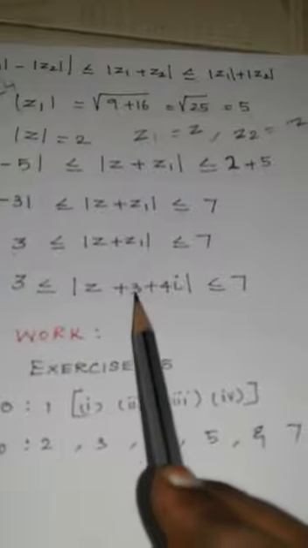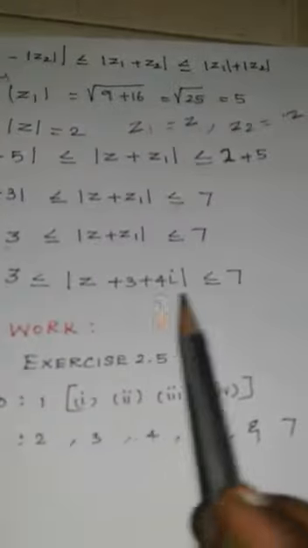So 3 is less than or equal to modulus of Z plus Z1, less than or equal to 7. Now I substitute Z1 equal to 3 plus 4i. So it is shown.